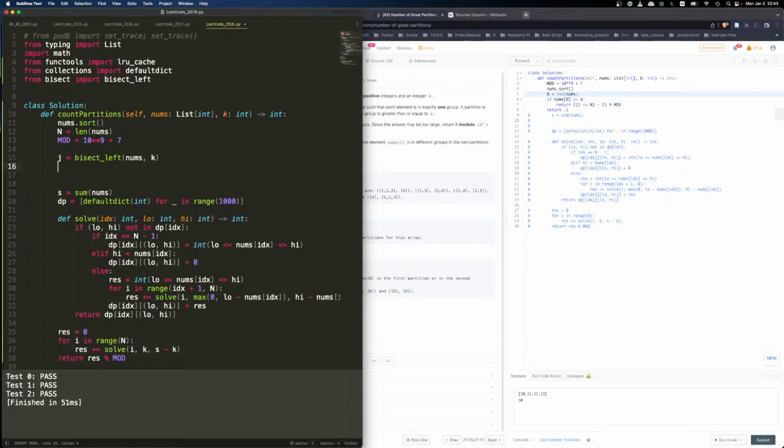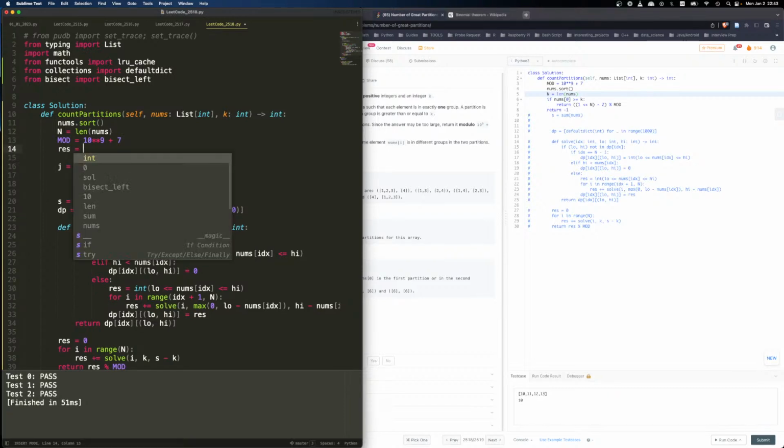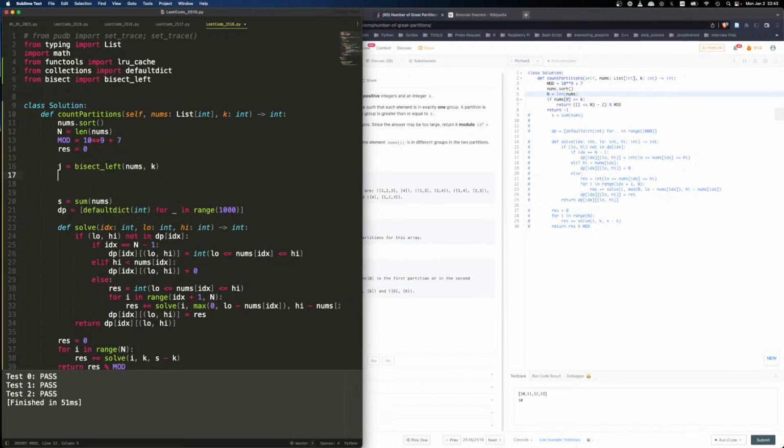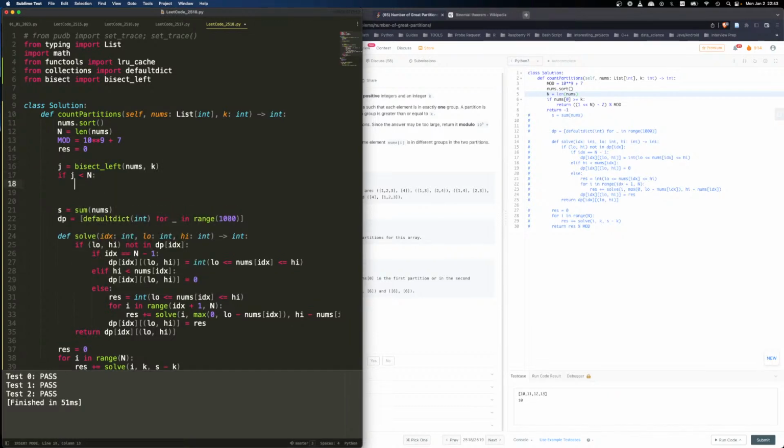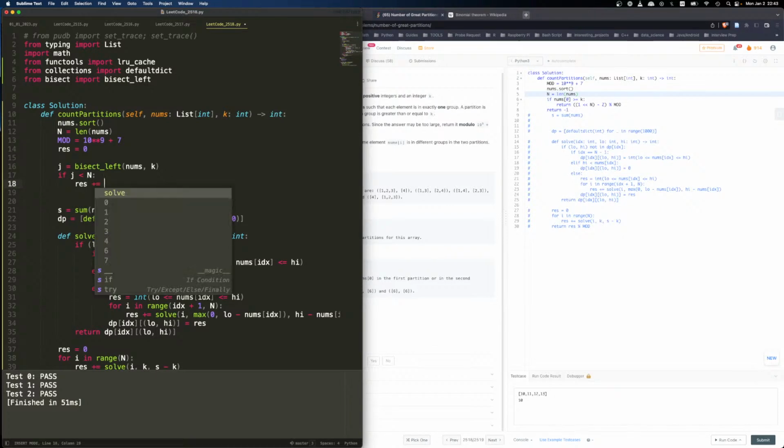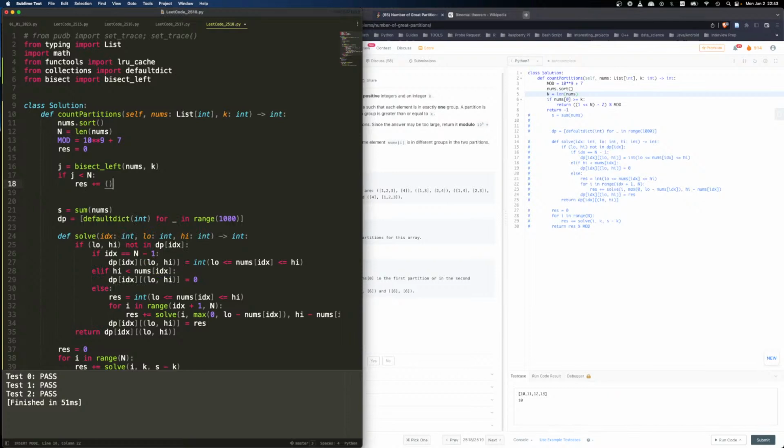Say if j is smaller than n, then rest plus equal to one left shift something minus 2.